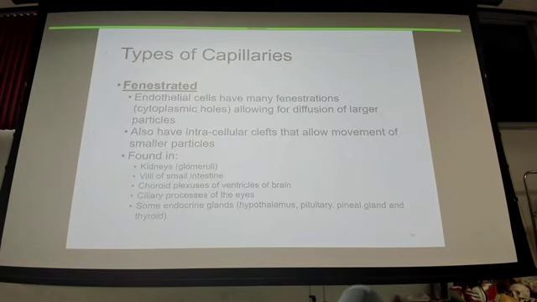All right, next one, fenestrated. What's a fenestration? A hole. Think of these like a sieve or a colander. They have a bit bigger space because they're in places where they have to do different things. They need to be able to pick up larger molecules and exchange them.